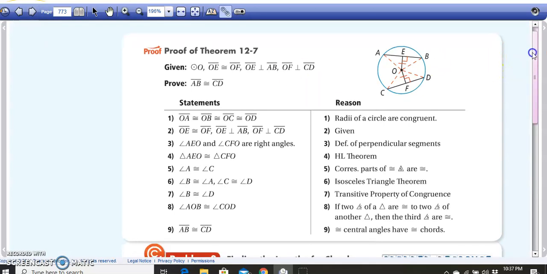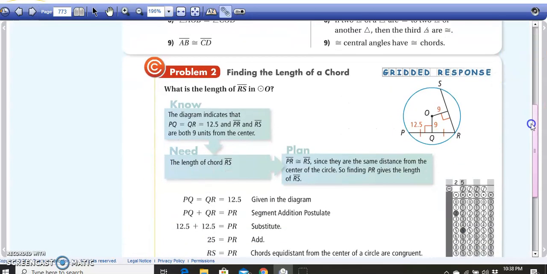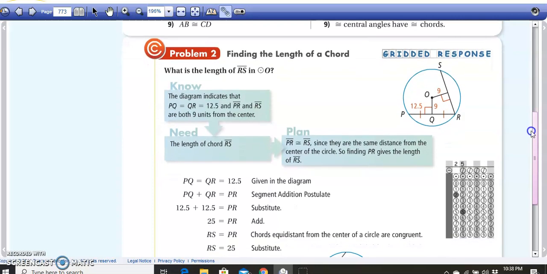Now here we have a demonstration with this example that is in the book. It says, what is the length of RS in the circle? Now the information that we know, the distance from this point to the chord is 9. This distance is 9, and also the half. Notice this. That means this 12.5 is the same as this segment, that it will be 12.5.